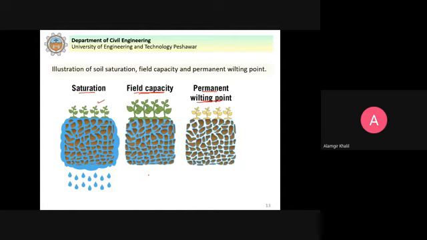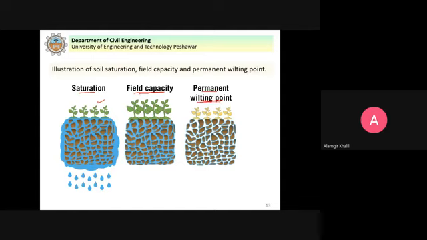That is the level that the soil moisture can deplete to and still not affect the crop yield. But below that, the plants will not be able to extract the water for growth and the crop yield will be affected.